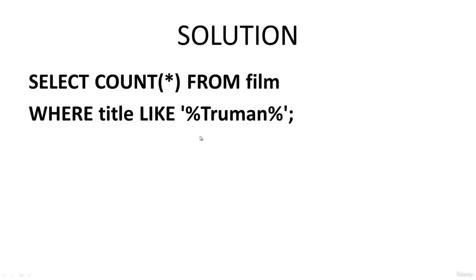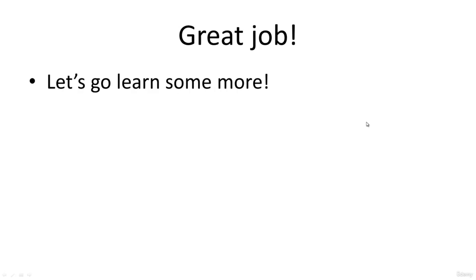And that means we had to use wildcard operators on both ends of Truman, meaning any sequence of characters can come before Truman, and that includes spaces, and any sequence of characters can come after Truman. Okay, so that was the solution. So select count asterisk from film, where the title is like, and then single quote, %, Truman, %, single quote, semicolon to end that query.